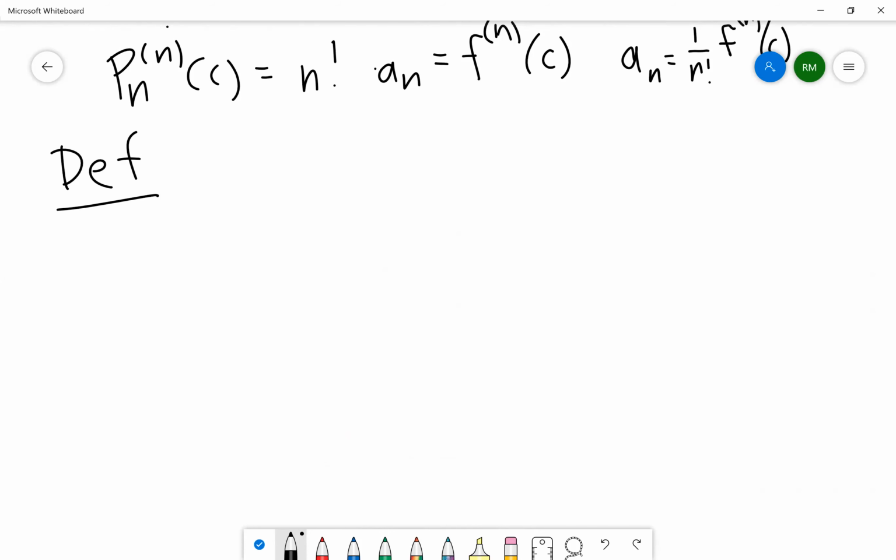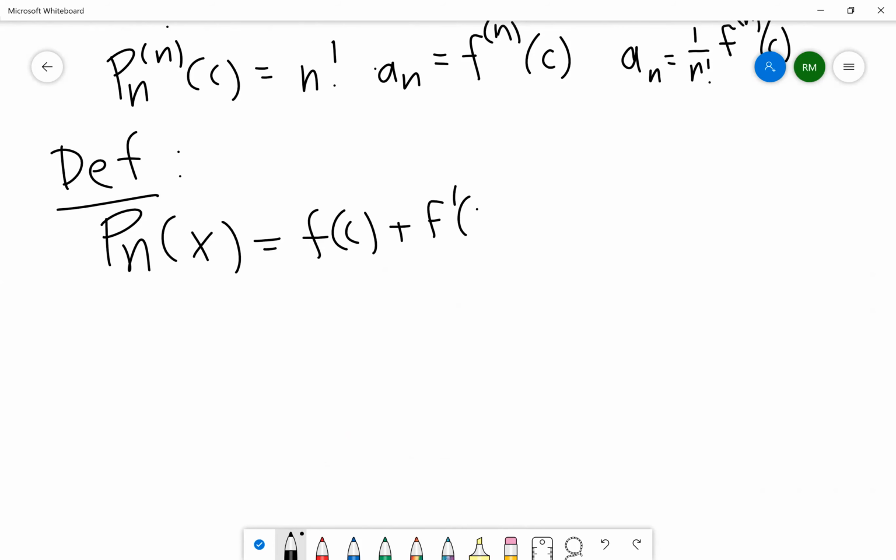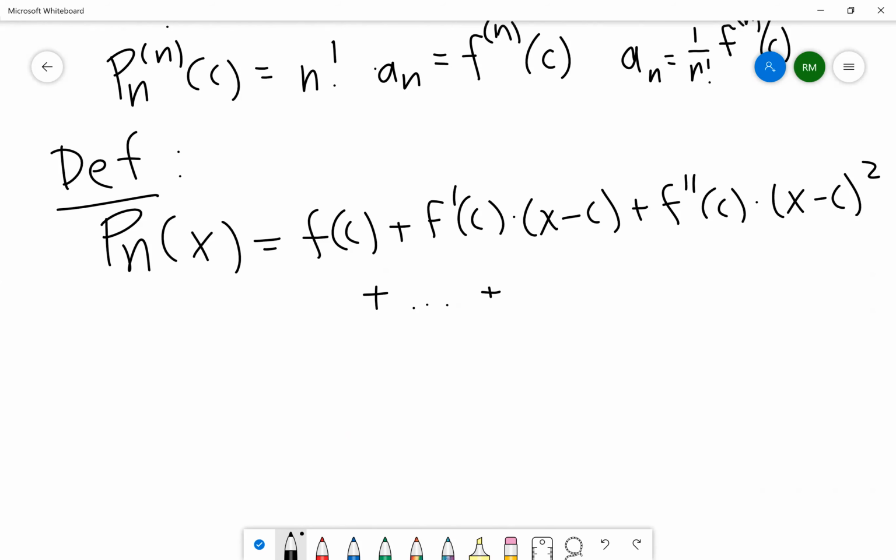So what this has told us just now, Pn of x is our polynomial approximation for f, and it equals the following. And we call this the nth Taylor polynomial of f at c.